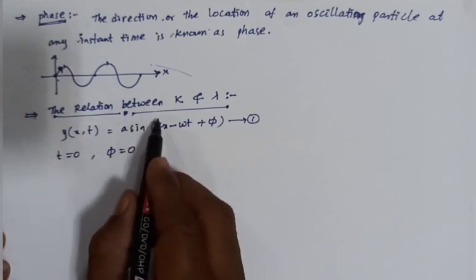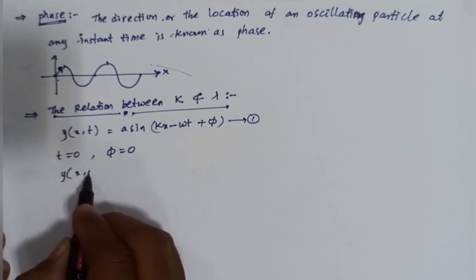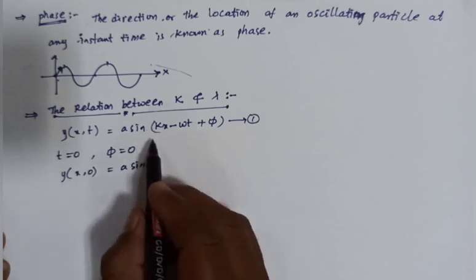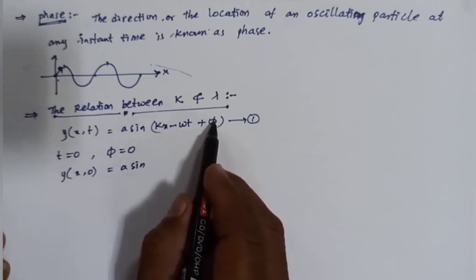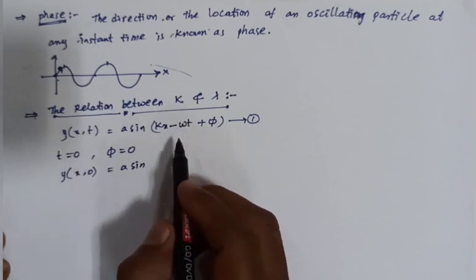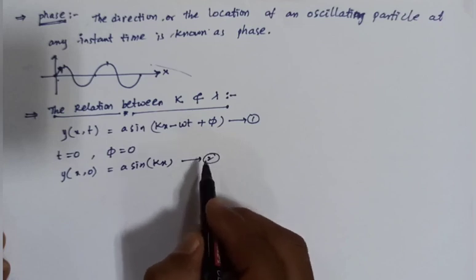So we substitute in equation number 1: y of x comma 0 equals a sin, with phase phi equals 0 and omega t also 0, so it is kx, equation number 2.